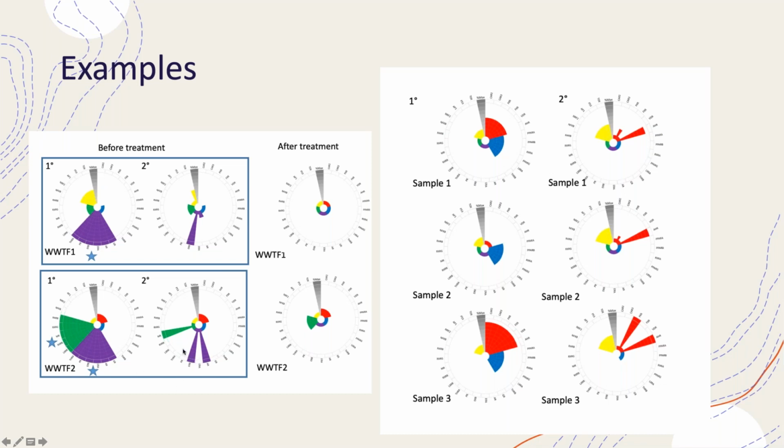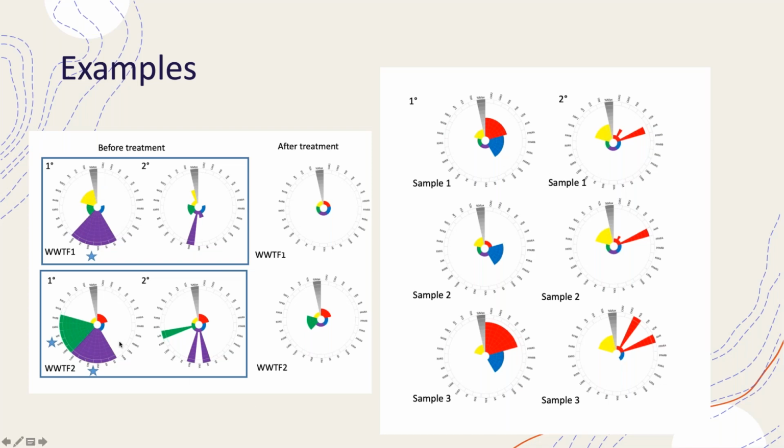You can look to see which receptors it's coming from. It's coming from estrogen receptor in the case of wastewater treatment facility 2, and androgen, estrogen, and RXR, or RAR, I'm sorry, with the wastewater treatment facility 2.